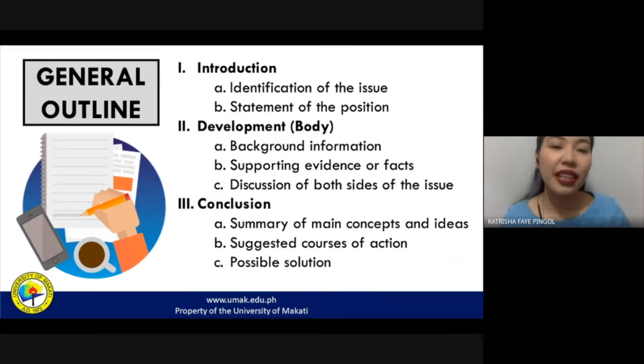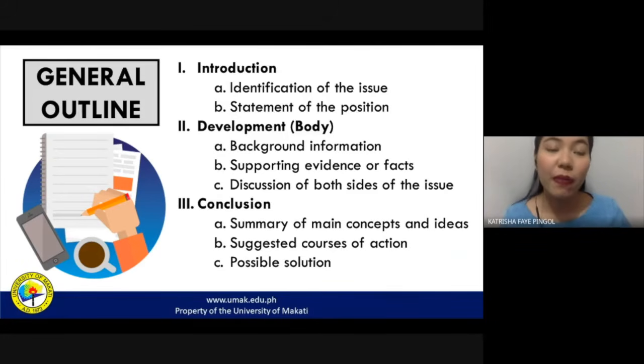On your screen right now, you can find a general outline of a position paper. Now, a general outline is just a recommended outline whenever you write your position paper. So basically, it has three main parts: your introduction, your body, and of course, your conclusion. It doesn't necessarily mean that you will only create three paragraphs.